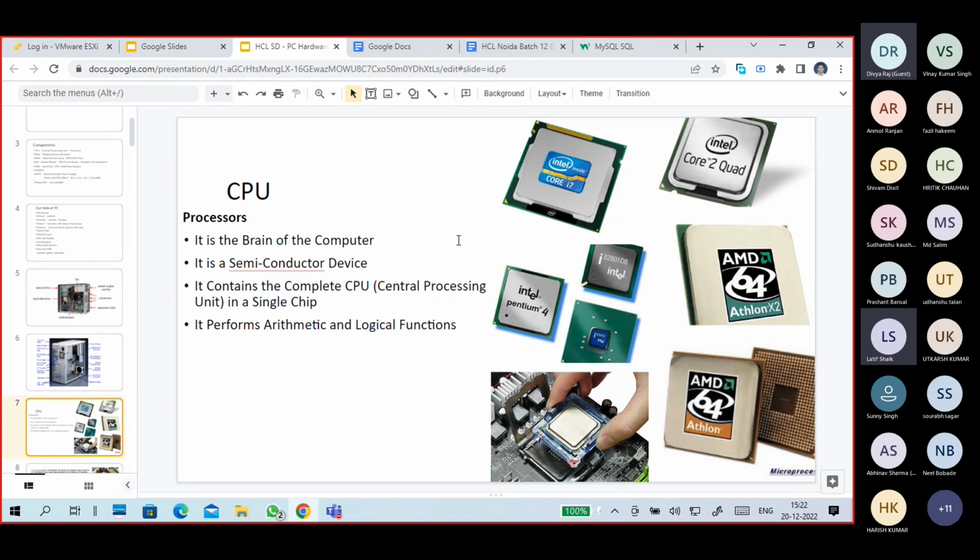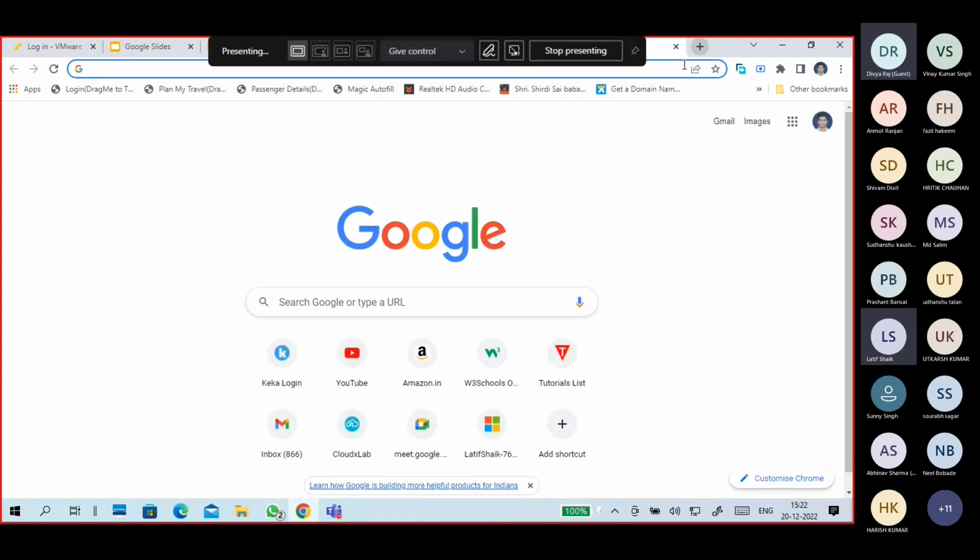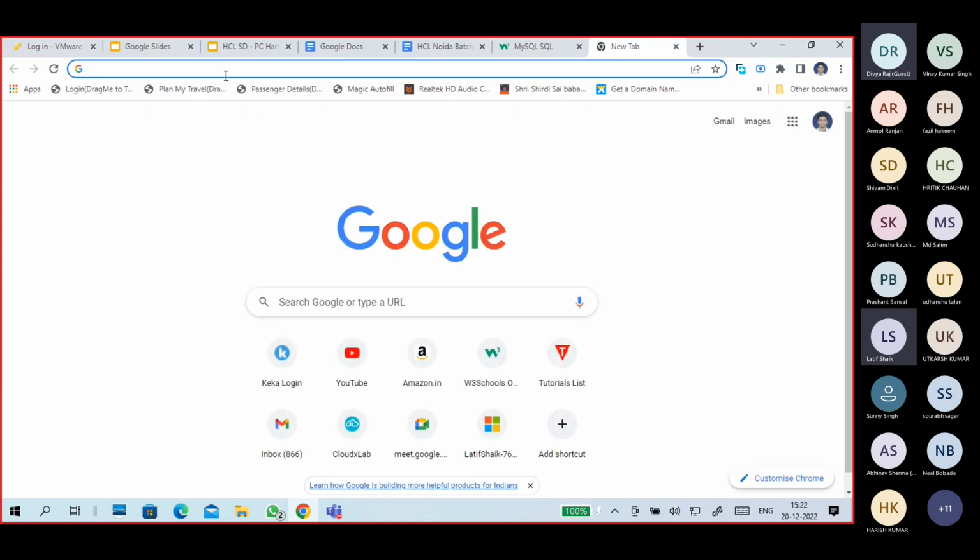My suggestion is better to go to a proper service center, authorized laptop service centers. There are names like Global Tech. Even you can see some advertisements. You can find laptop service centers.